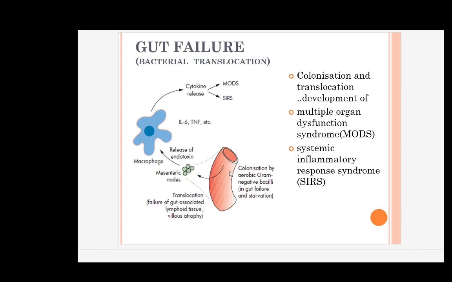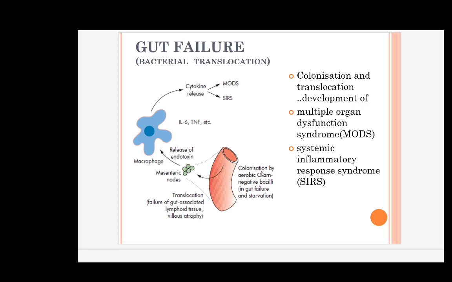So once this bacterial translocation happens, the bacteria which are capable of producing infection are now introduced into the body. Body meaning from the gut, it has now gone into the systemic side.